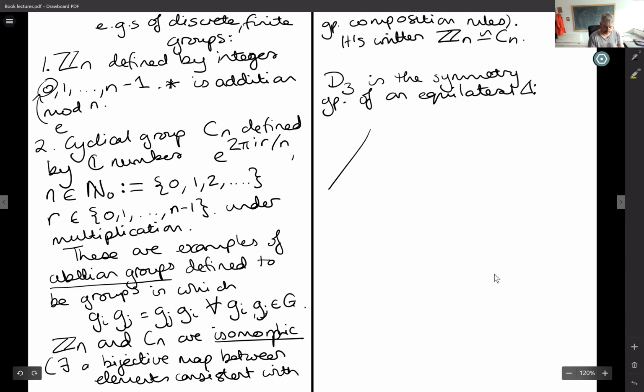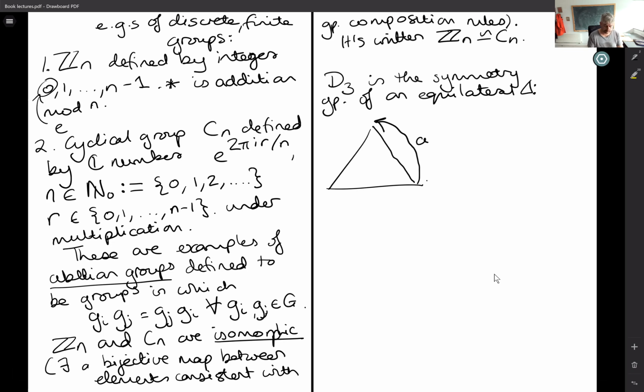So let me draw an equilateral triangle. As I mentioned before, I can rotate this, say anti-clockwise, by 2 pi by 3 radians. And unless I'd labeled the corners, you wouldn't be able to tell that I've done that. So that's the symmetry of the system.